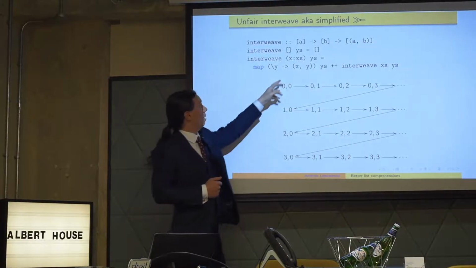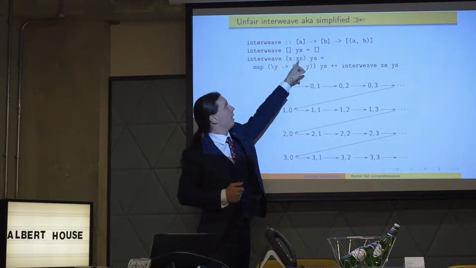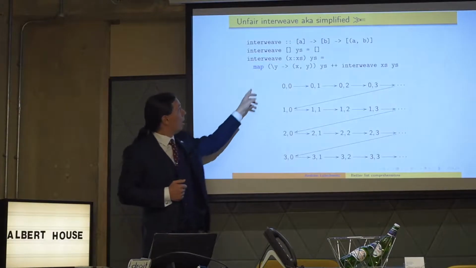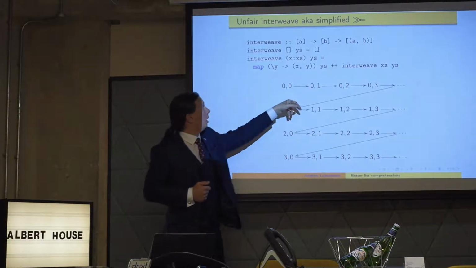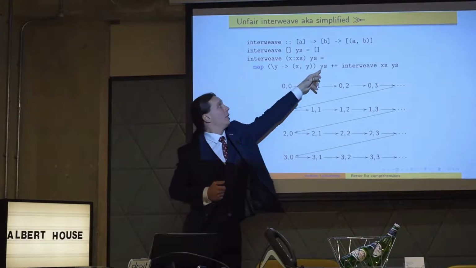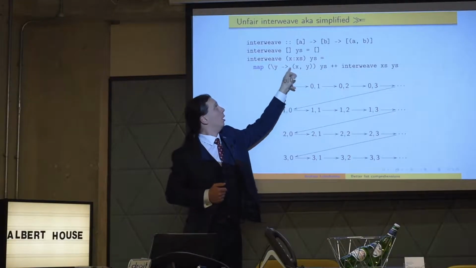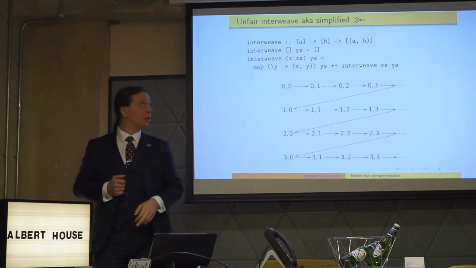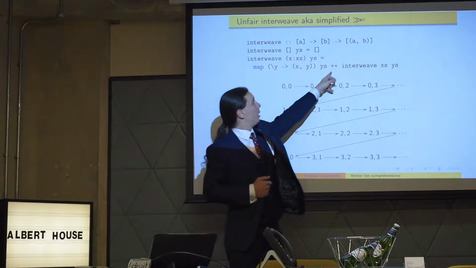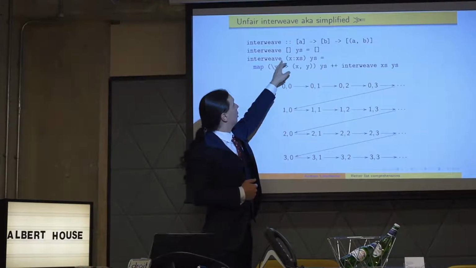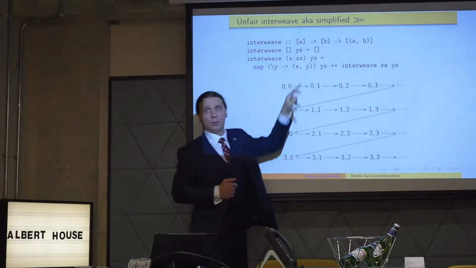And if the first list has some element x in the head and some tail xs, then map over ys, making for each y in ys a tuple with x as the first component and y as the second component, and plus plus, go to the recursive call with a smaller first argument.